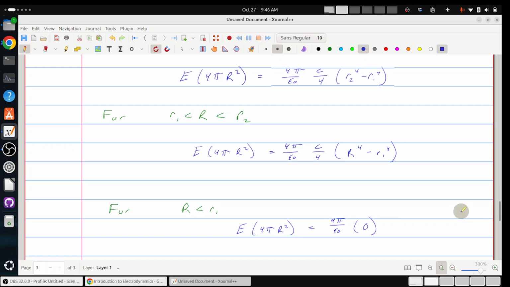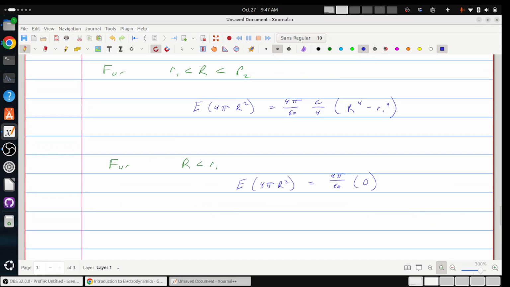Now obviously these can each be simplified a little bit more. This one is going to give us just E equals 0.